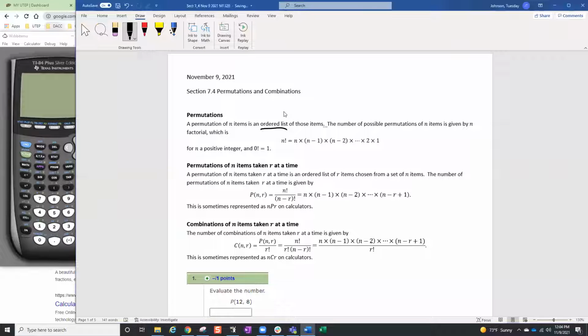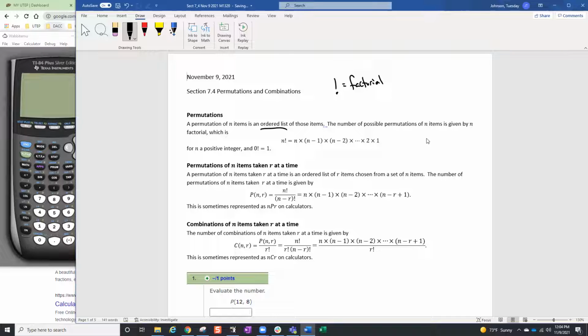Order matters. The number of possible permutations of n items is given by n factorial. n factorial is n multiplied by every number less than it all the way down to 1.